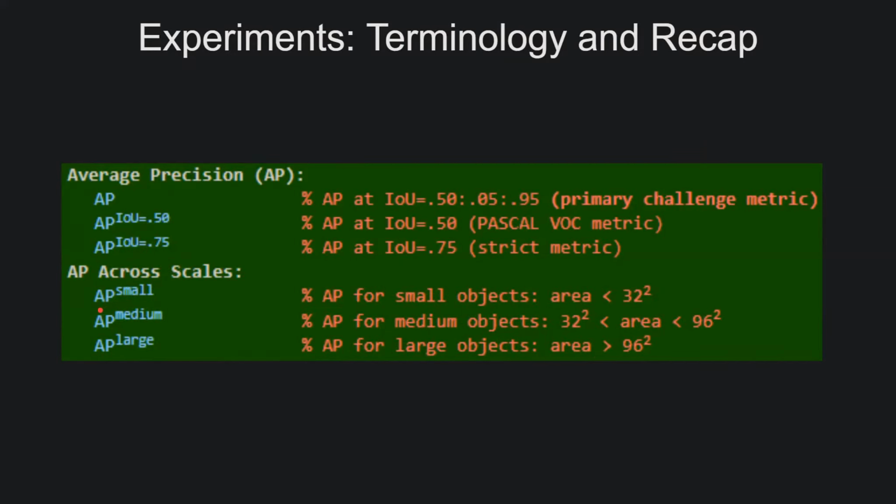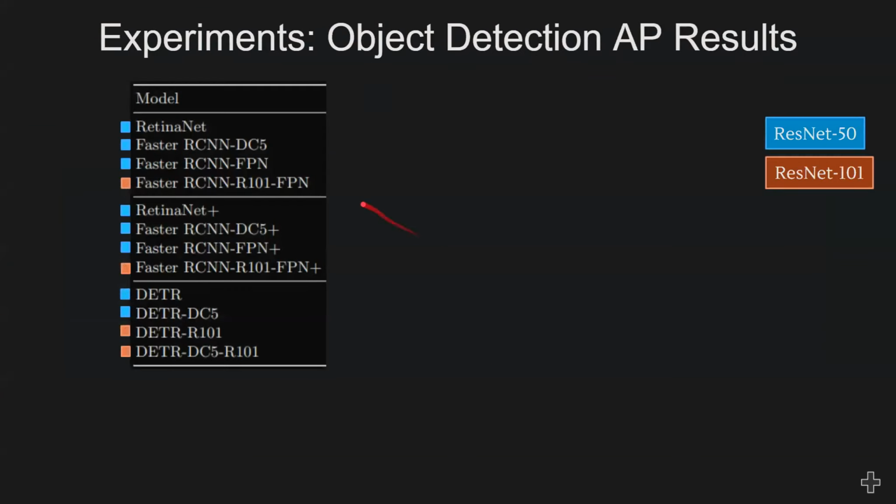And the AP with a small s, m, and l, meaning small, medium, and large objects. For the exact size, we can look at this as a reference in case someone has any questions regarding that.